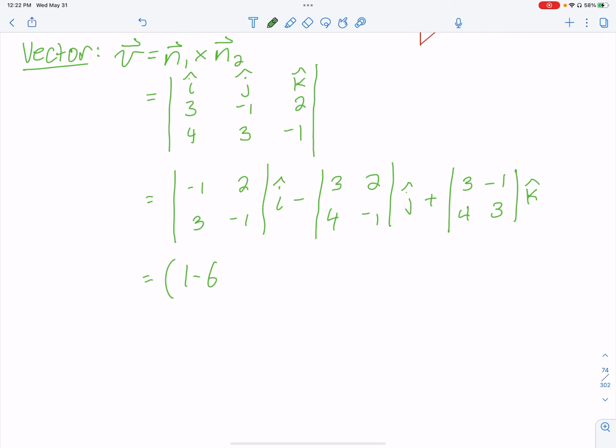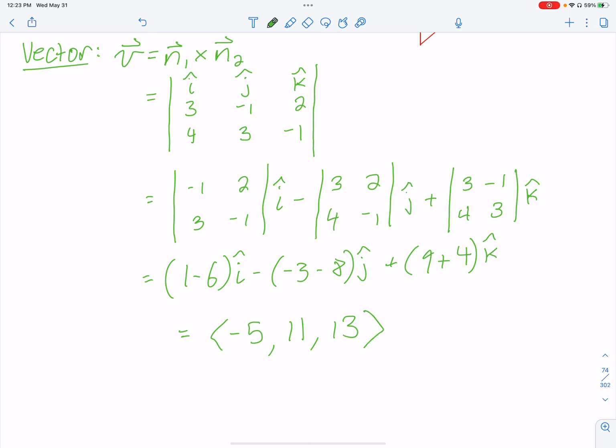I get 1 minus 6 for the 2 by 2, that's -5 i. Then -3 minus 8 for j, and then 9 plus 4 for k. So this vector ends up being -5, that's a -11 but it's going to be +11 now, and then 13. So that vector is orthogonal to both.